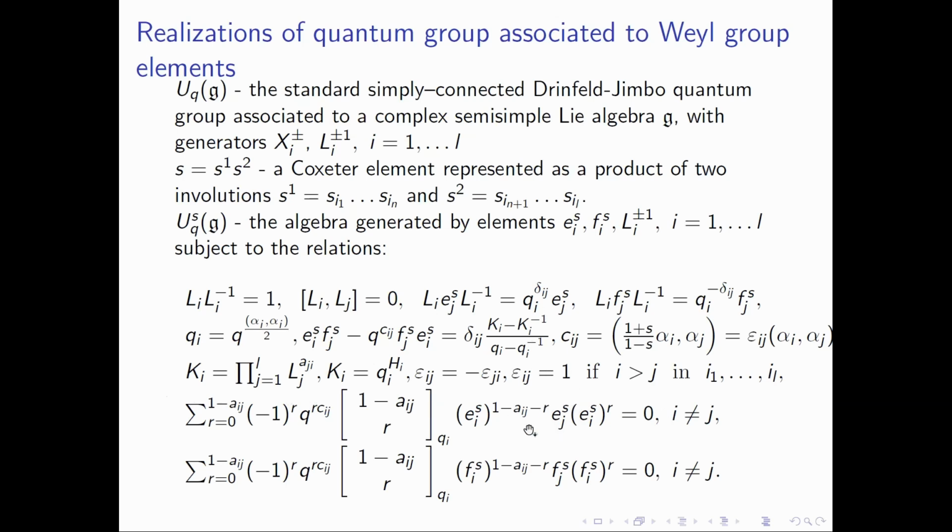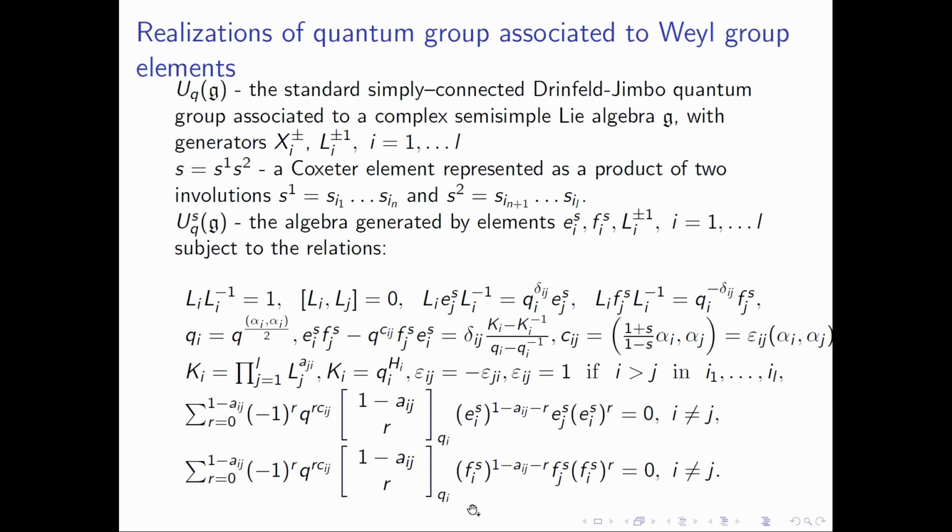What's essential here is these quantum Serre relations. Usually, if you're familiar with the structure theory of complex semisimple algebras, the Serre relations are written in terms of commutators. If you expand these commutators in the corresponding enveloping algebra, then you obtain such a homogeneous relation which will contain binomial coefficients.